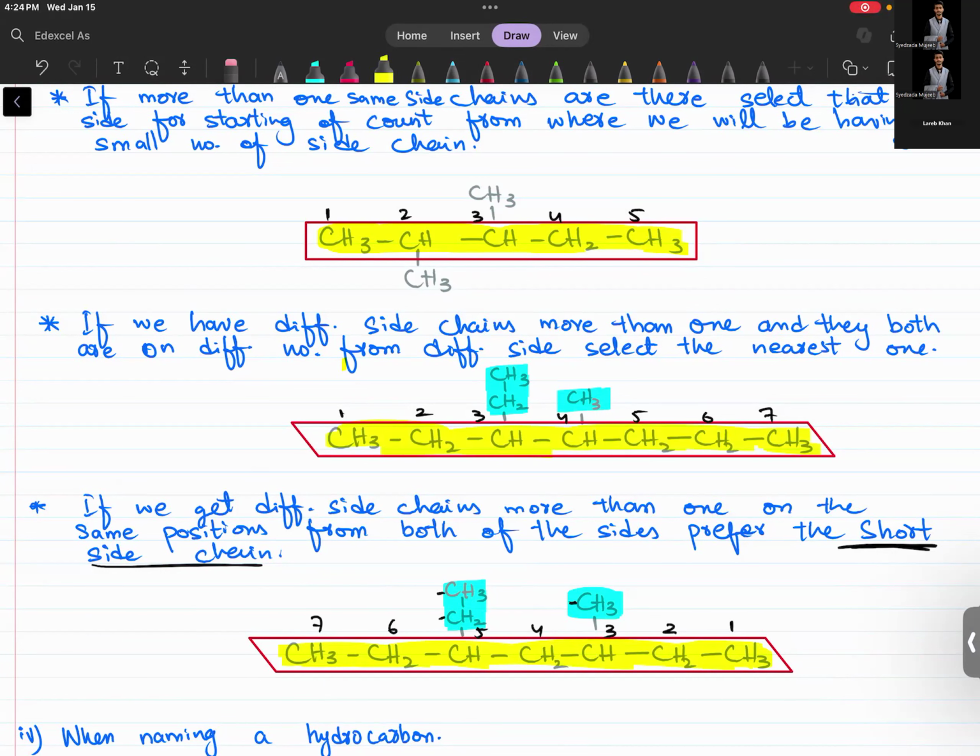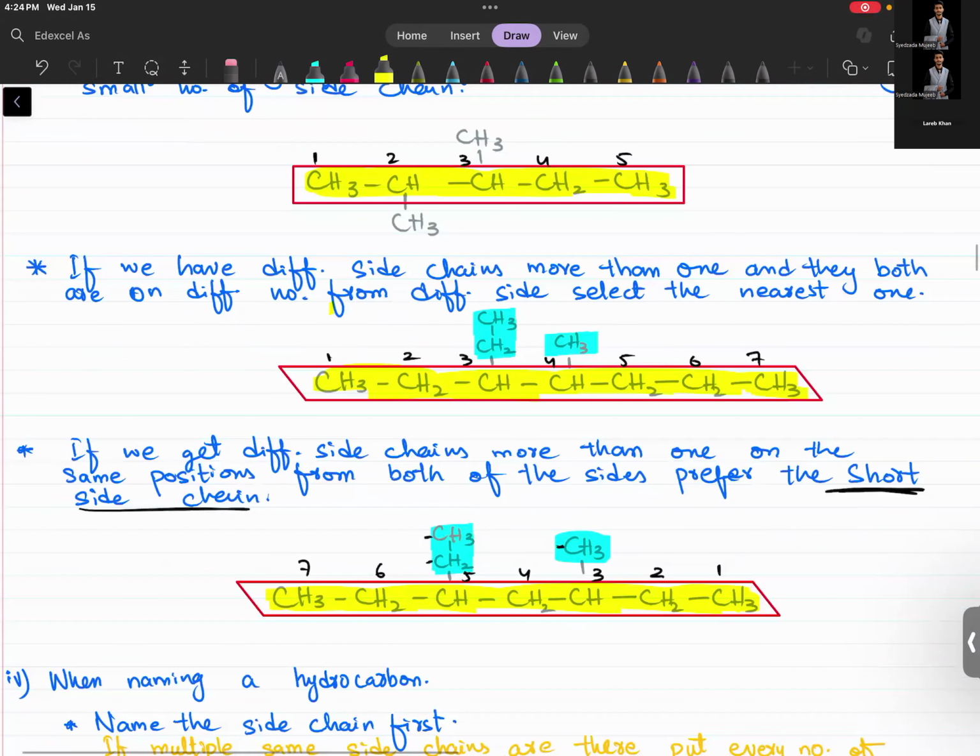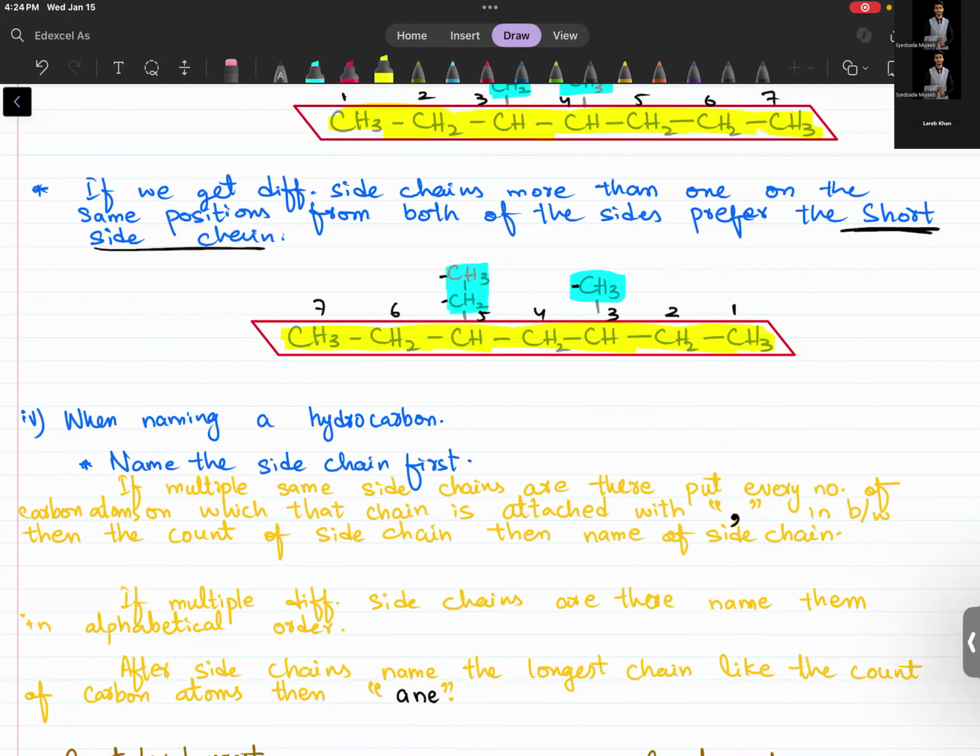Now let's move on. When naming the hydrocarbons, you have to name the side chain first. At the very first, you have to name the side chain, that is, what the side chain is and what its name is. You identify the side chain simply by observing the number of carbon atoms present in it, whether it contains 2 or 3 or 4 or how many carbon atoms.